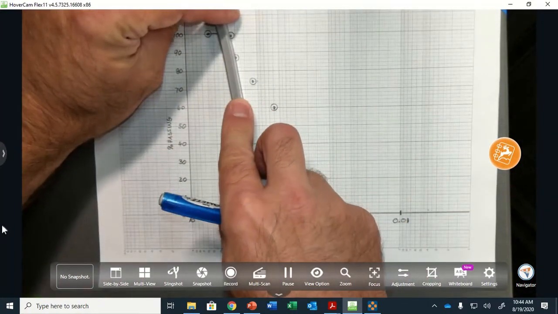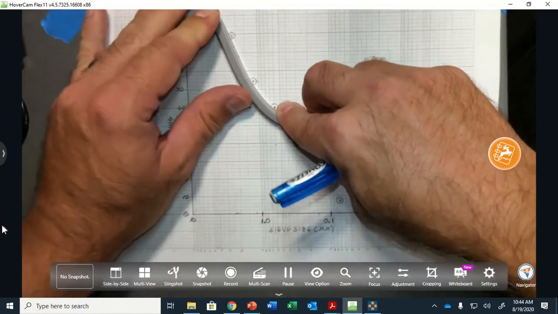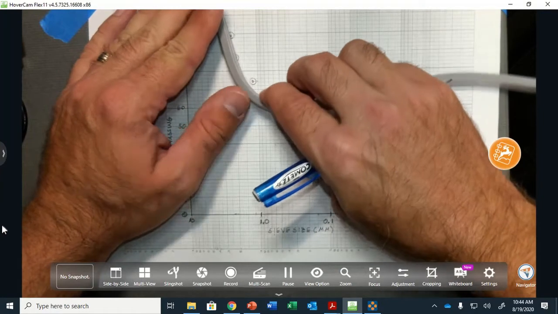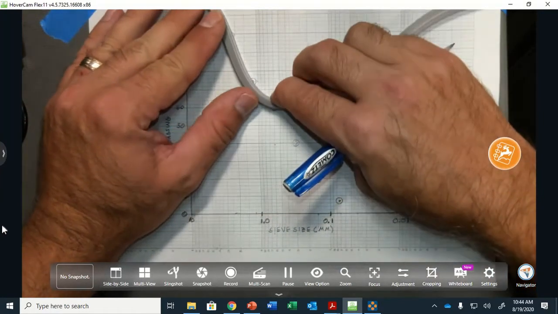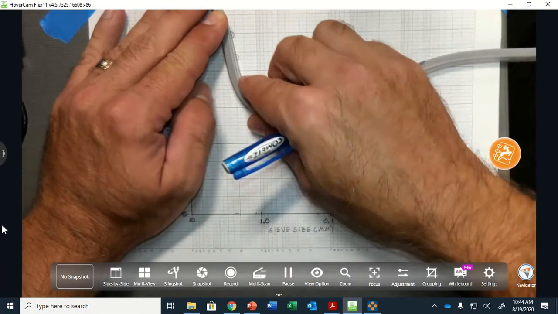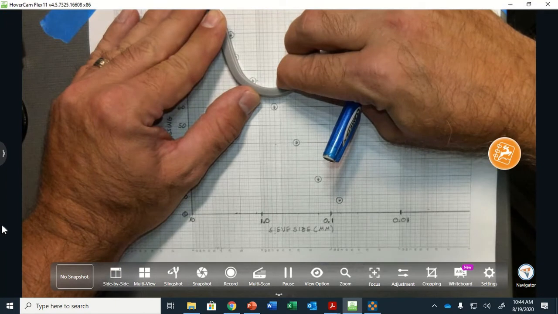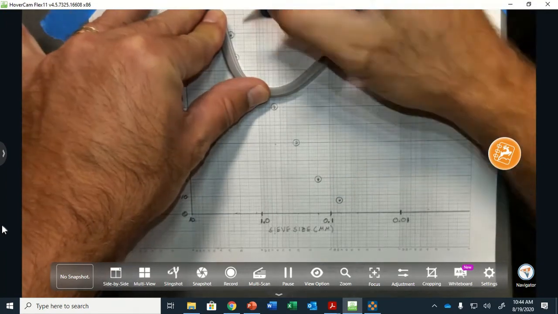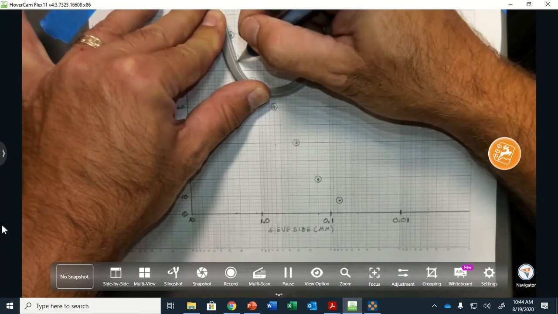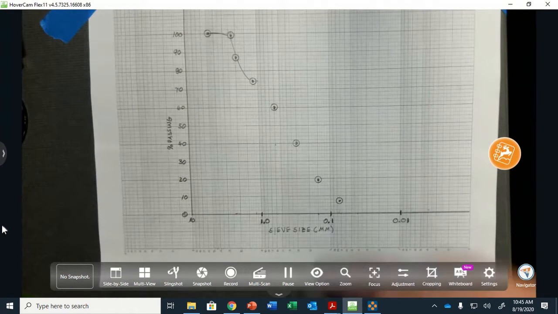See, so I'm going to match these 2, and then I'm going to bend this, because sieve analysis curves don't have any sharp curves, okay? So I'm going to match this to and try to go to this guy. There we go. See? All right. So I go like this, and then I go like this. Okay. So it's kind of weird.